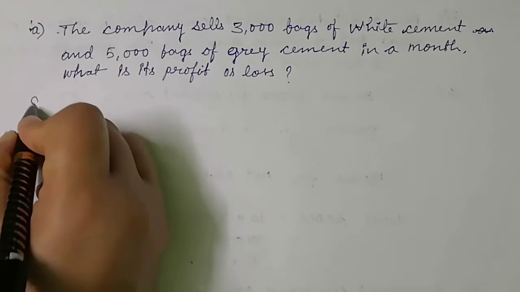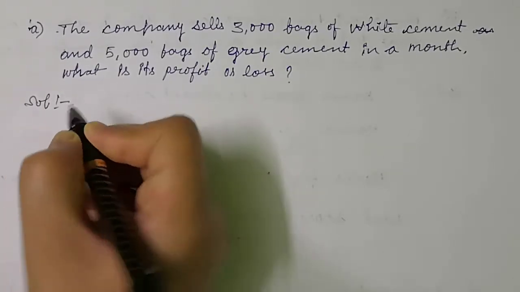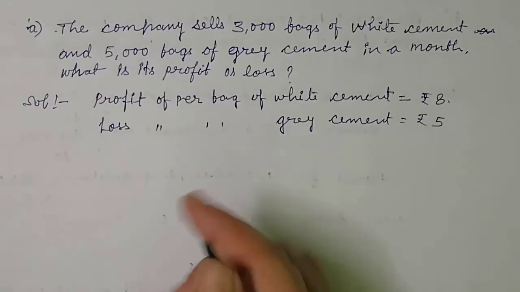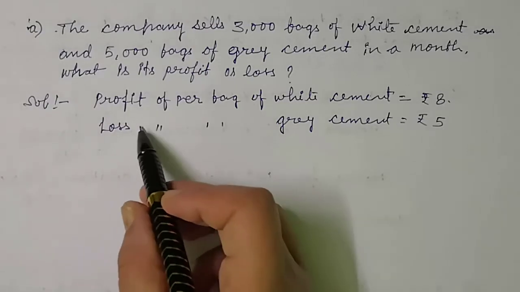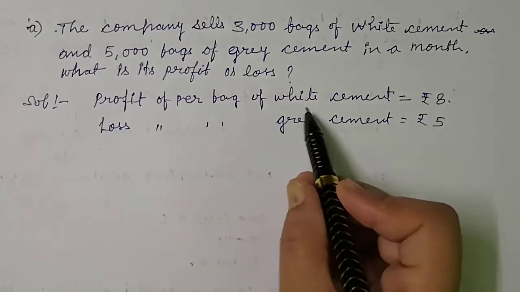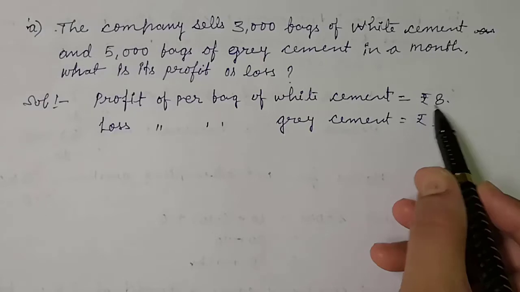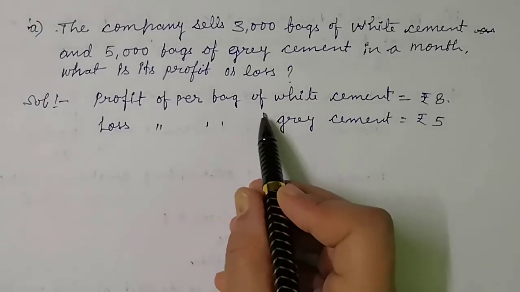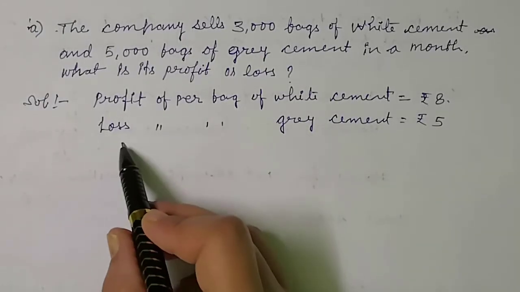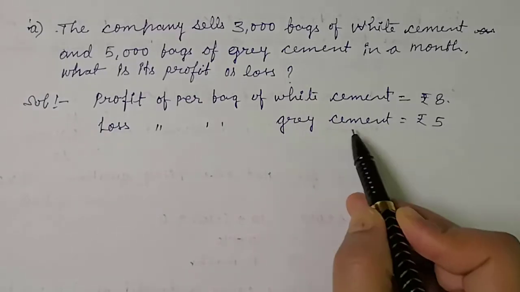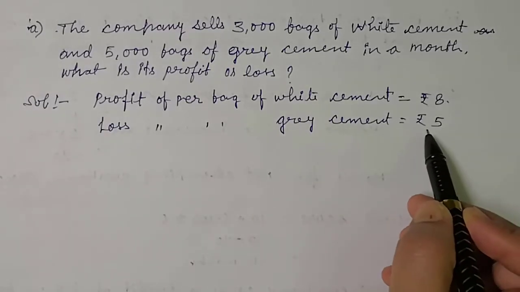Now let's see. Profit for each white cement bag will be 8 rupees per bag, and loss per bag of grey cement is 5 rupees.